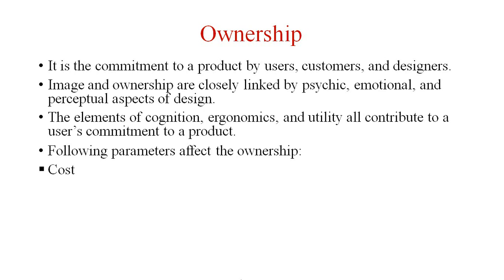Generally, cost should be appropriate so that the user is attracted to buy that particular product. If cost is very high compared to the functions of the product, then users will not buy it. So cost should be appropriate and meet the expectations of the users according to their functional requirements.